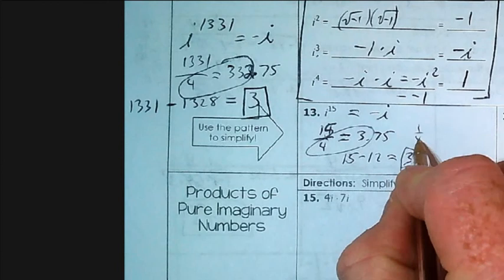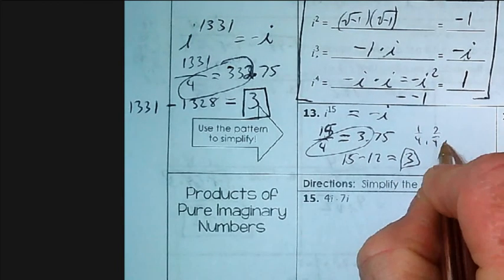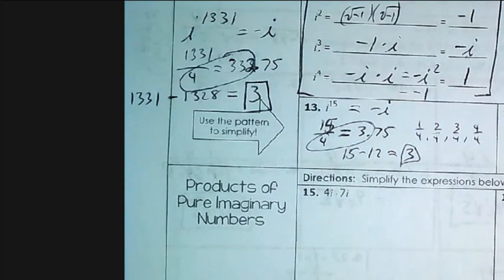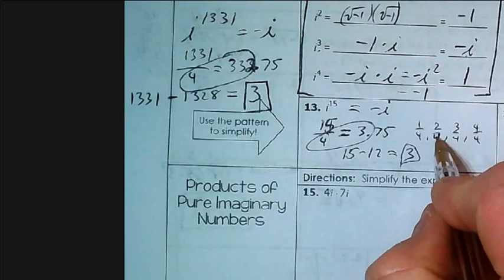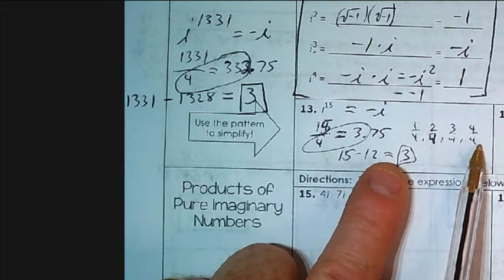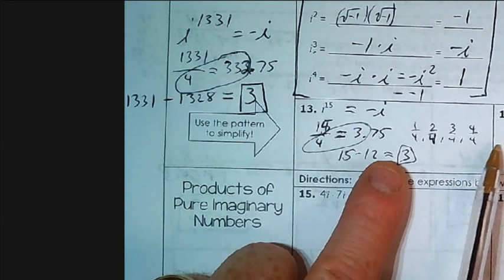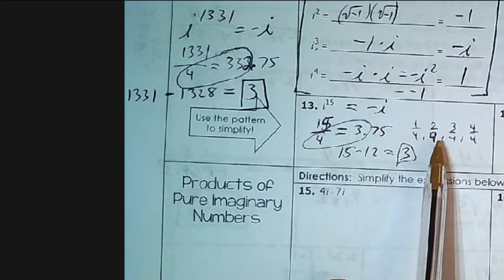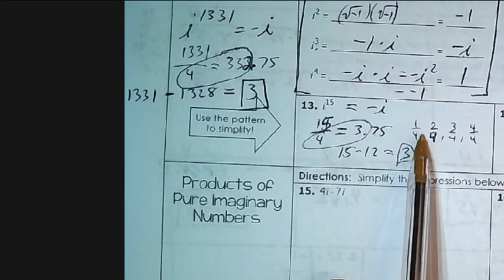You don't have to worry about the fractions or anything else. You can remember 25 cents, 50 cents. How many quarters are in a dollar? 4. So there's 4 possibilities. So if you got a .25 right here, that's 1/4, so what is my remainder? 1.